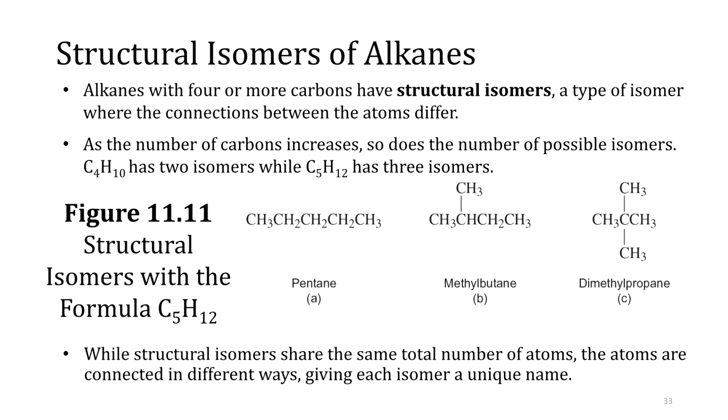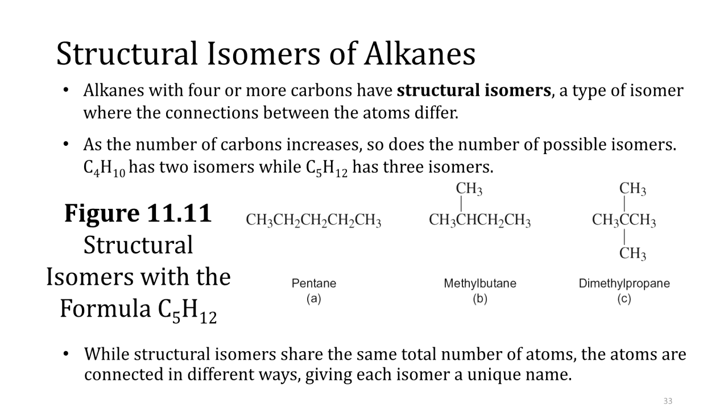C5H12. Well, you might think C5H12, that's pentane, right? 5 carbons in a row. But I can have butane with a methyl group on the 2 position. So this is methylbutane. Methylbutane has the exact same molecular formula as pentane, but it has different chemical properties. And then also we can have 2 methyl groups, both of them off of a propane chain, and that's dimethylpropane.